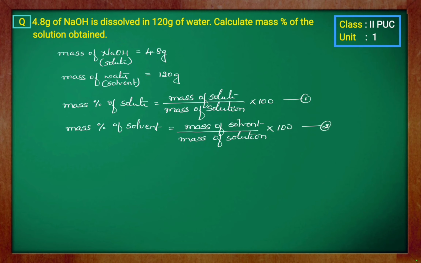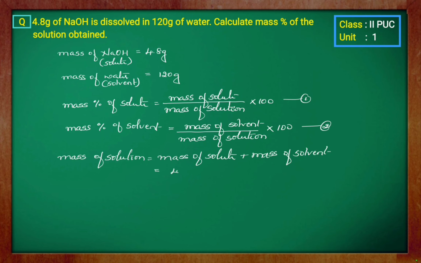So we know mass of solute and mass of solvent, that's given to us. It's 4.8 gram and 120 gram respectively. We need to calculate mass of solution. This is equal to sum of masses of solute and solvent. So it's mass of solute plus mass of solvent.